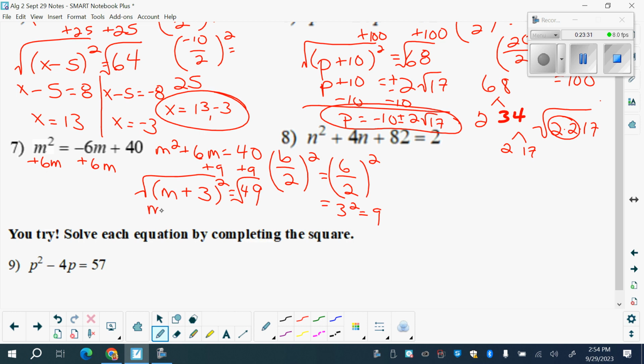So we get m plus 3 equals 7, and m plus 3 equals -7. And then I'm just going to write the answers down here. M equals 4 and -10. Okay, I'm not going to have you do the U-try. I'm going to check one on your homework because I think I've been talking enough.